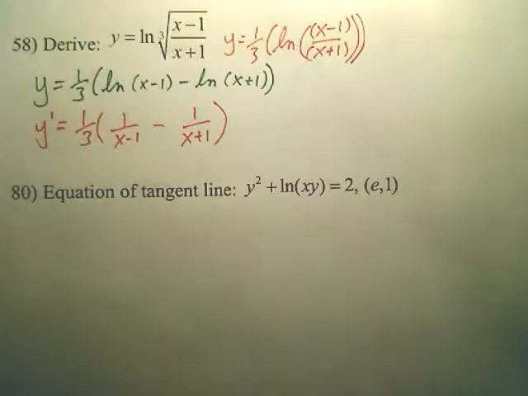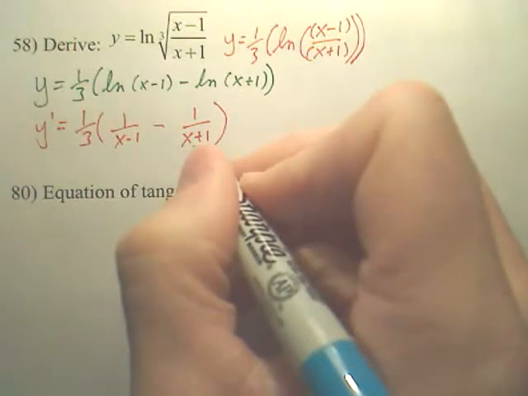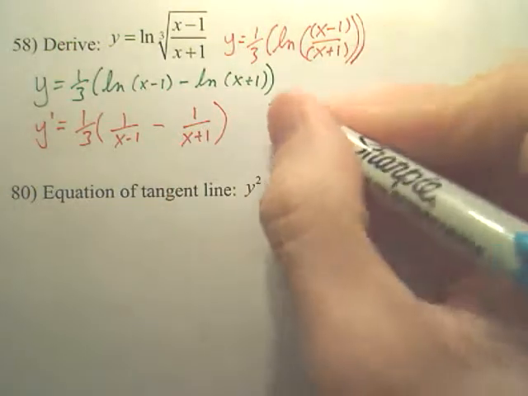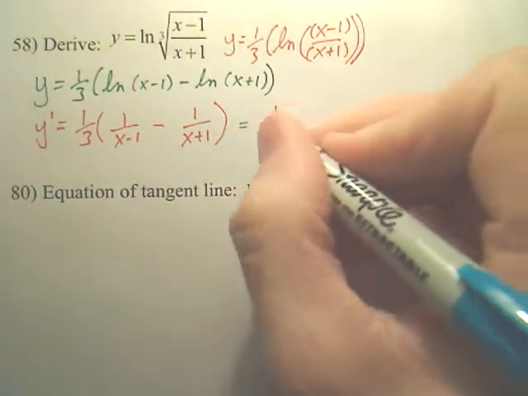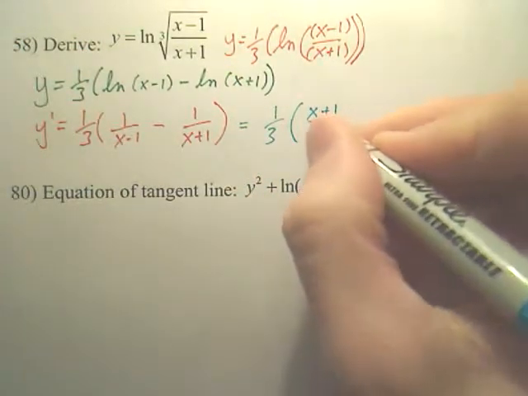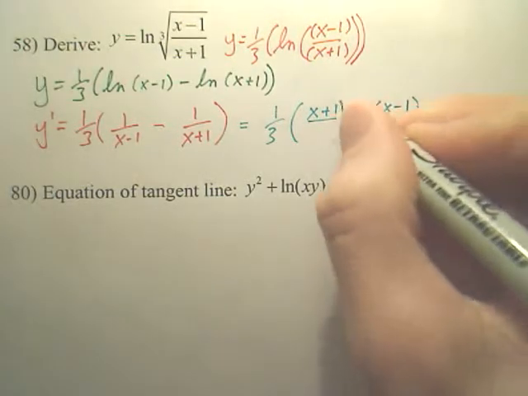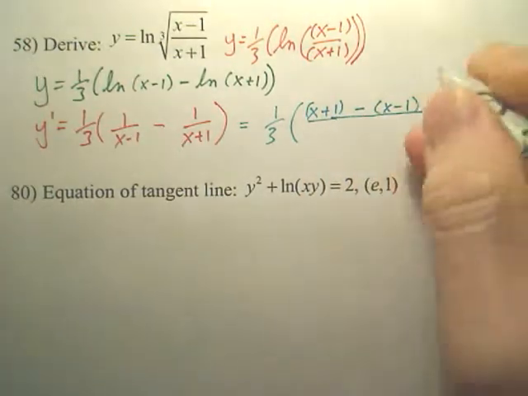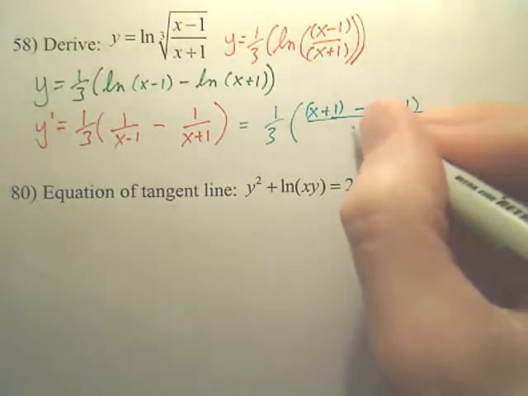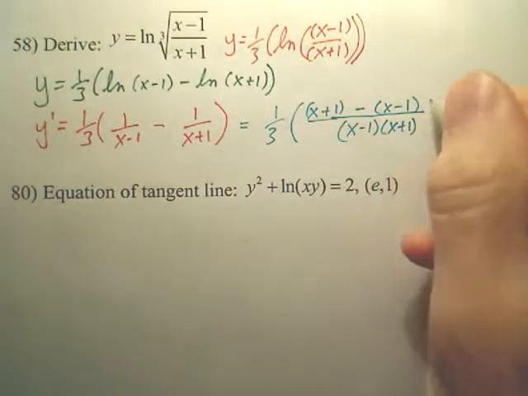Now that could be simplified. If I simplified it, I'd multiply this one by the x plus 1. So if we wanted to simplify this, it would be 1/3, and this would be x plus 1 minus x minus 1, all over x minus 1 times x plus 1.